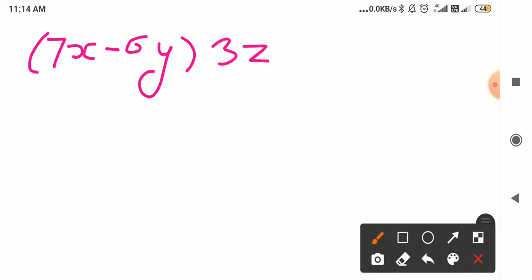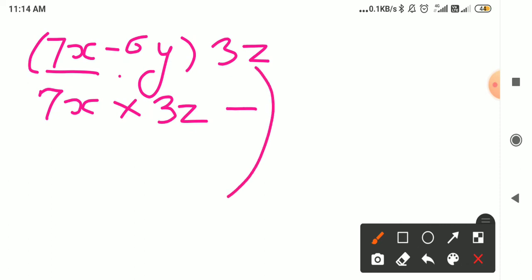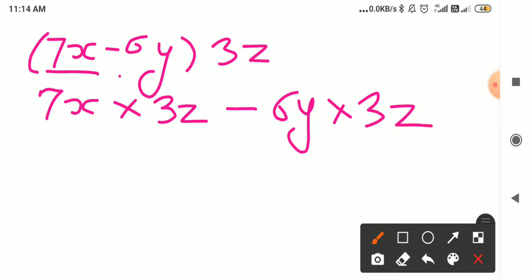So first of all 7x into 3z, which means the first term of the binomial we multiplied with this monomial. So the multiplication of 7x and 3z is written at this place. Now if the negative sign is there, you have to give the negative sign here, and then 6y into 3z, its multiplication we have to do. So here these two terms' multiplication we write here.